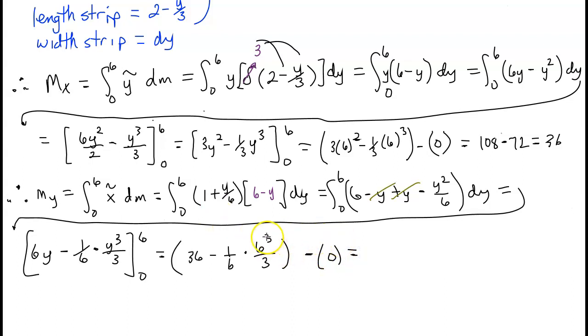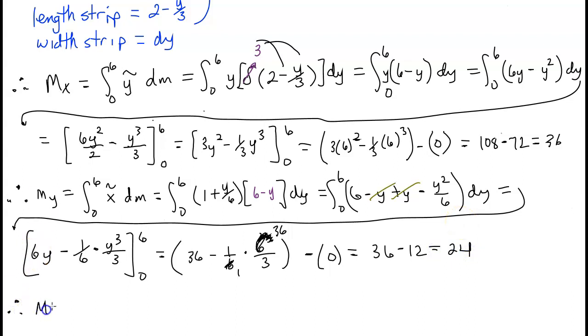And here we know that 6 cubed divided by 6 raised to the 1 is just going to be 6 raised to the 2, which is 36. And all that is 36. And 36 divided by 3 is 12. And so all we have is 36 minus 12, and that gives us 24. Okay.